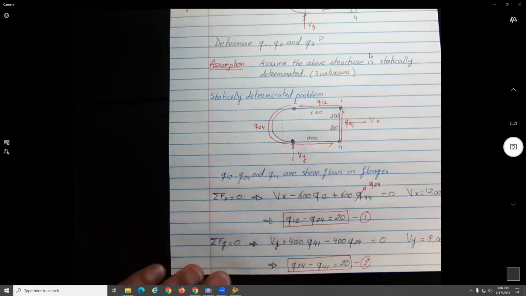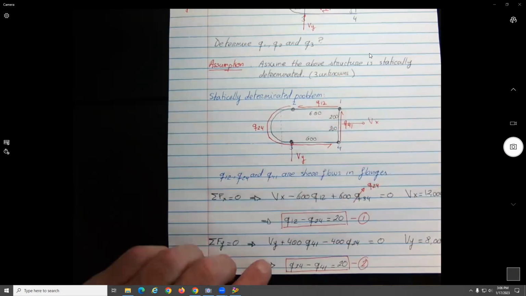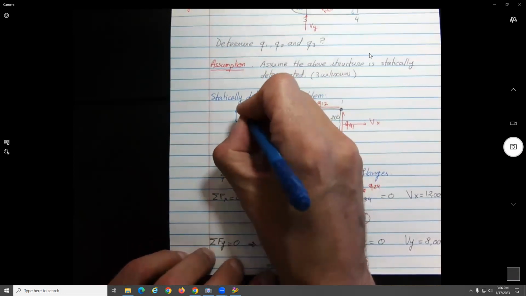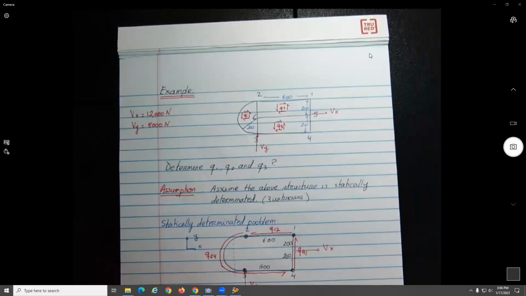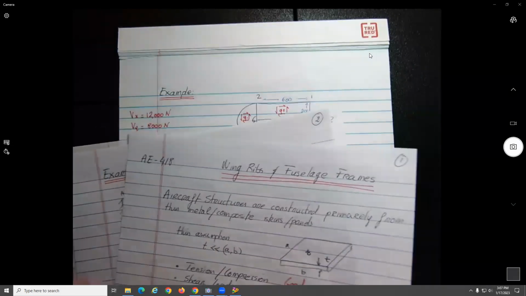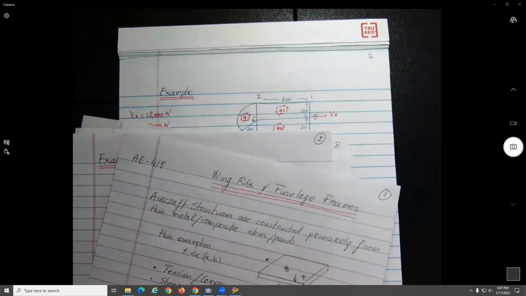Correct, about the z-axis, no? Okay. You want to put here x and y.